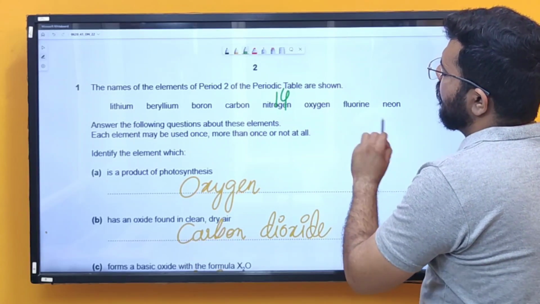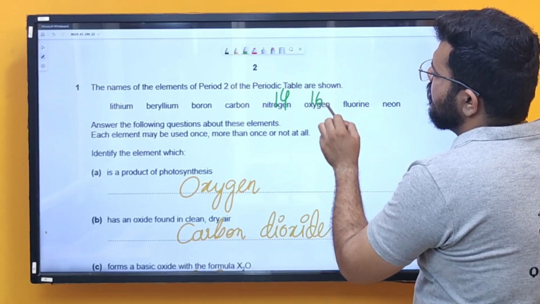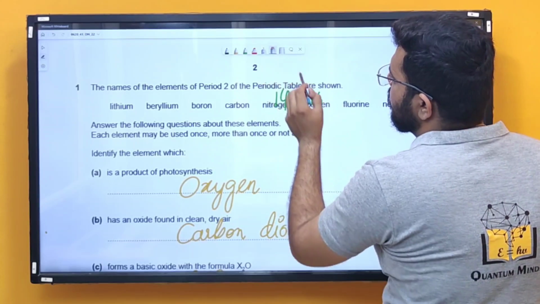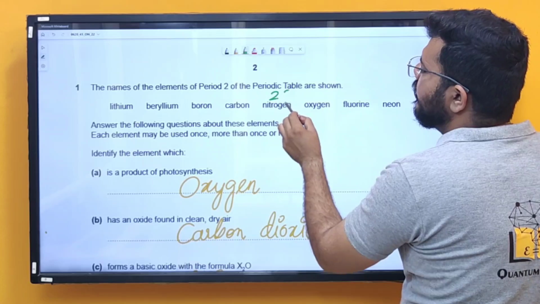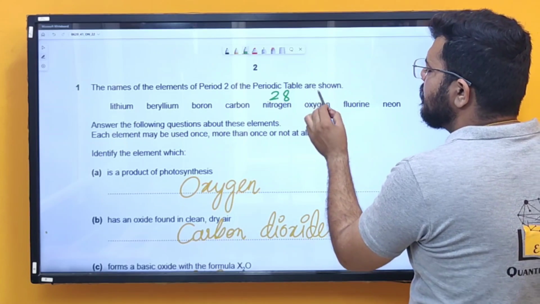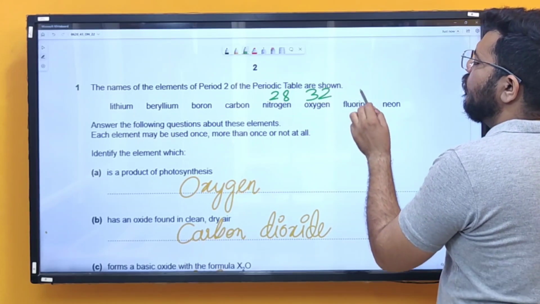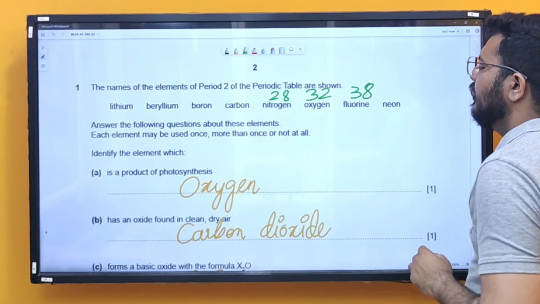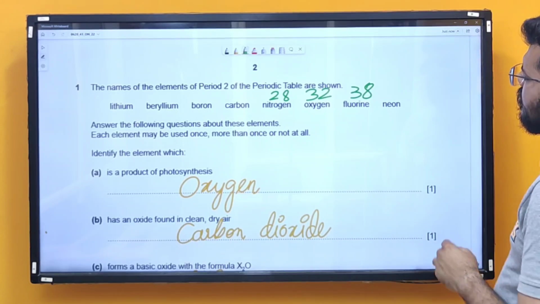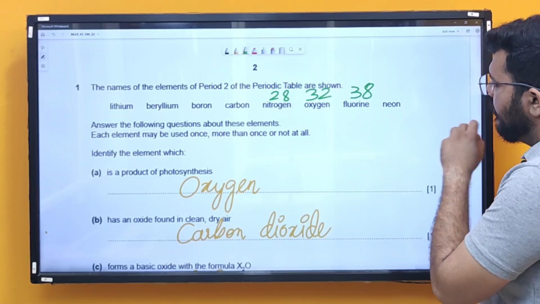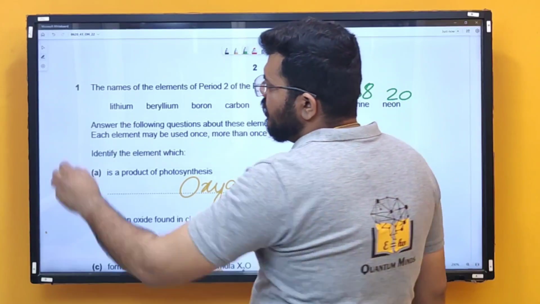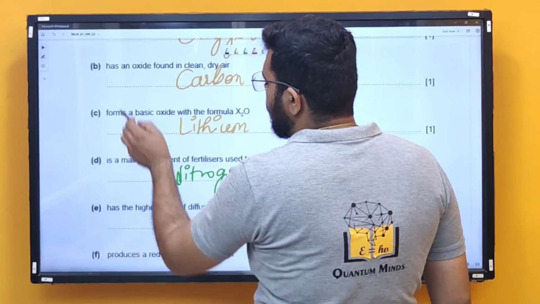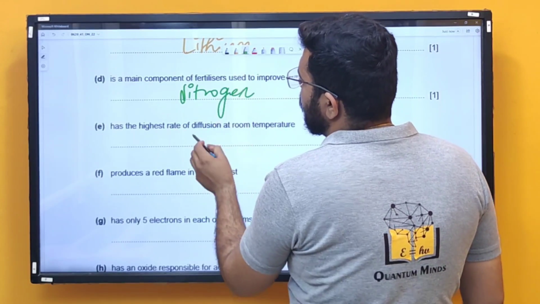Oxygen has a mass of 16. Just a second guys, this is a mistake. Nitrogen N2 has a mass of 28, oxygen O2 has a mass of 32, fluorine has 38. Neon has an atomic number of 10, so mass of 20, and therefore neon should be the one diffusing fastest, right? So we have neon.